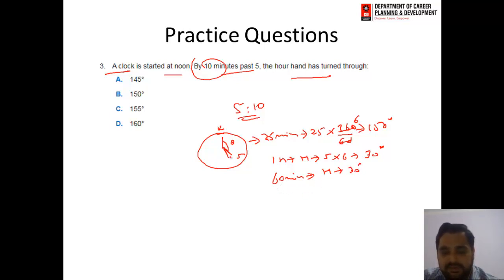Hence, as per the question, we just need to know the movement of our hand in 10 minutes. So in 10 minutes, the movement is 30 by 60 into 10, that is 5 degrees. Hence, theta is 150 plus 5 degrees. Option number C, 155 degrees.